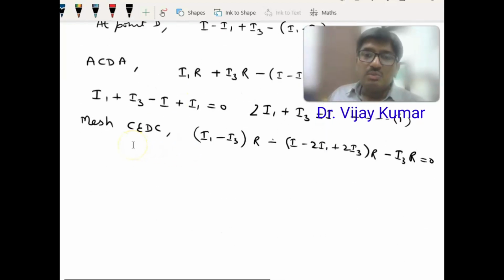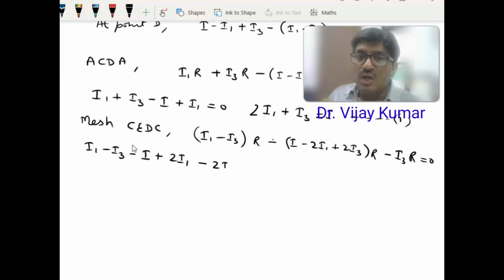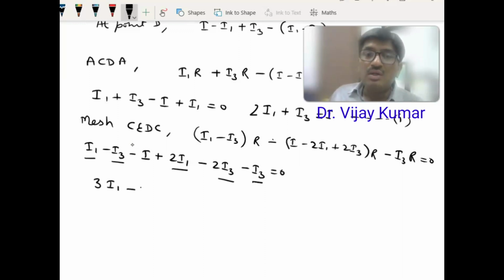So we solve it: I1 minus I3 minus I plus 2I1 minus 2I3 minus I3 equals 0. So it becomes I1 plus 2I1, 3I1, minus 4I3 equals I, and this is equation number 2.